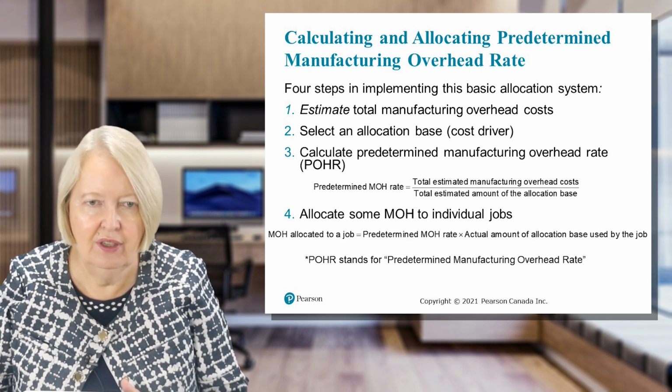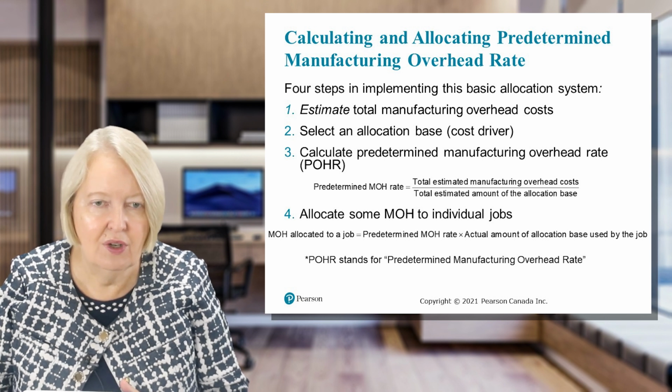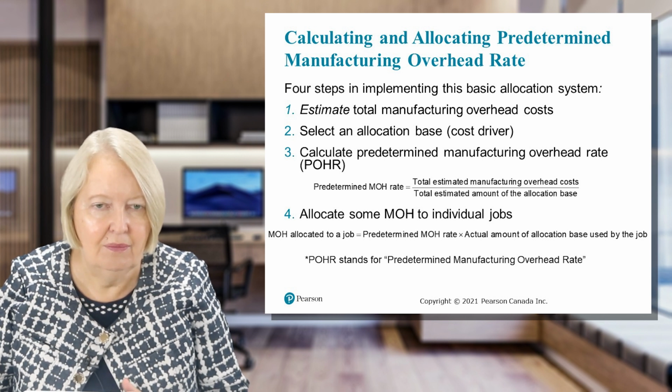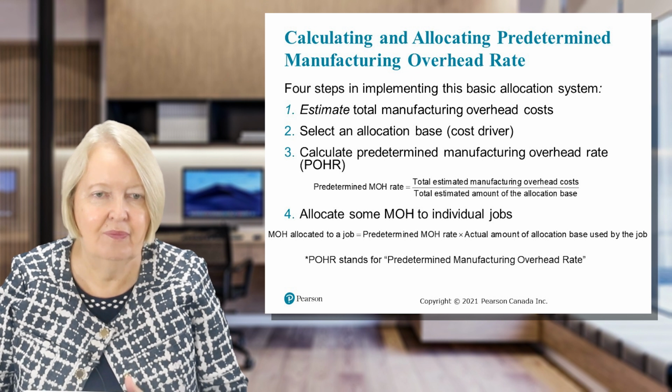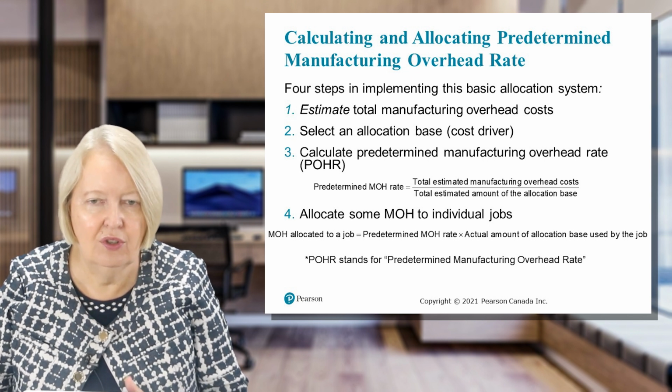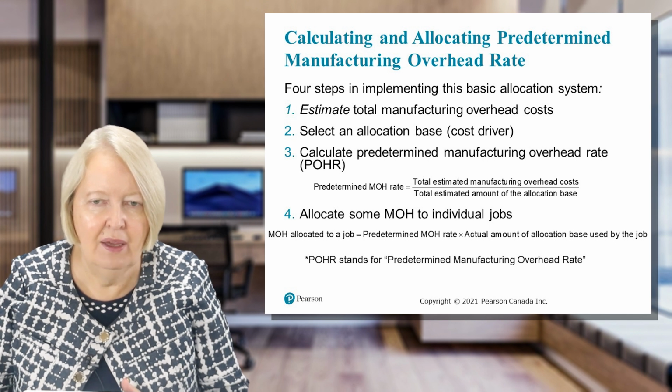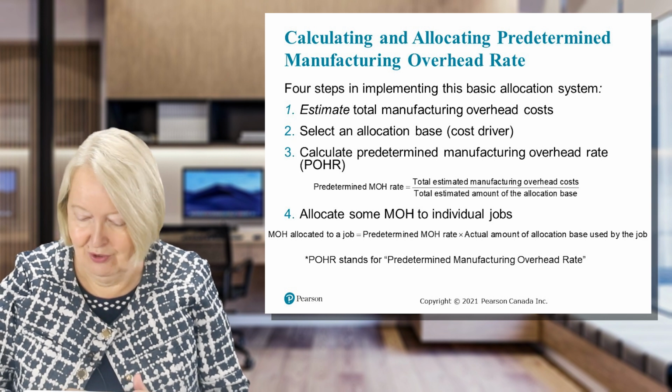But when you're given a problem in this course, you'll be told what the cost driver is, whether it's labor or materials or something else. So you want to take your total manufacturing overhead and divide that by the total amount of the allocation base. This is going to give you what we call the predetermined manufacturing overhead rate, or you can use POHR for short.